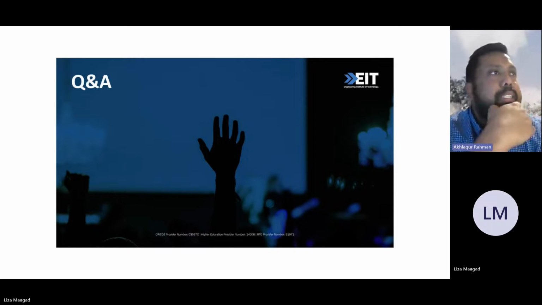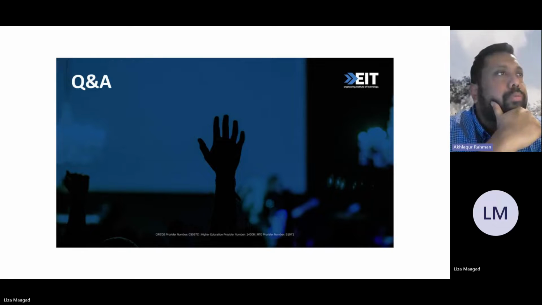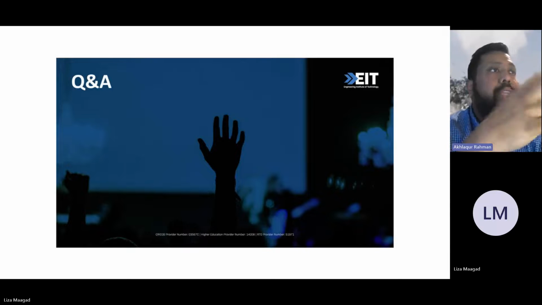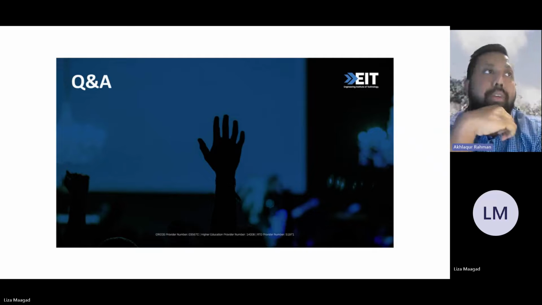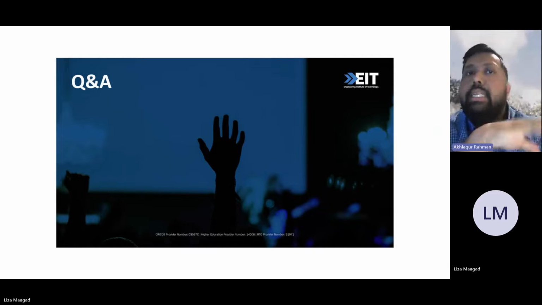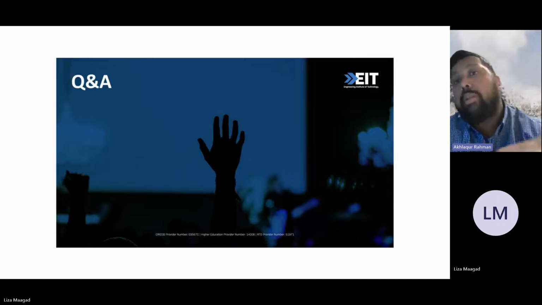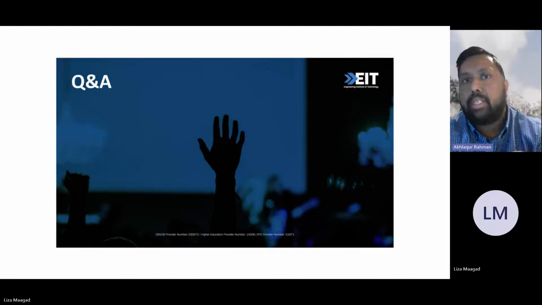Okay, Ricardo asks about environmental sustainability and its importance. So I think your question is, does it fall under Industry 4.0 or Industry 5.0? To be honest, in Industry 5.0, one of the main focuses is sustainability. Industry 5.0 will have two focuses.